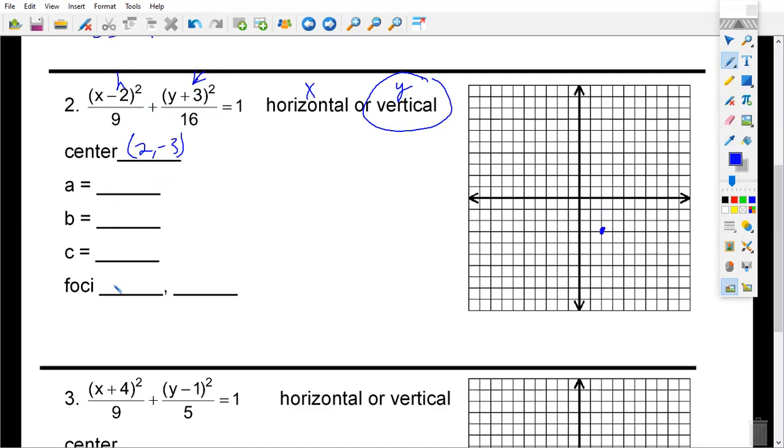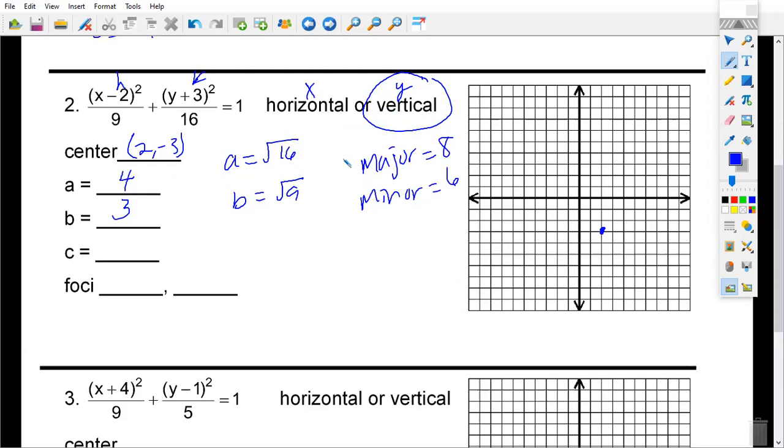Next, we're going to find our a and our b. Your a equals the square root of your larger denominator. Your b equals the square root of your smaller denominator. So what's our a and our b? 4 and 3. Because it's vertical, my major is going to equal 8, and my minor is going to equal 6.